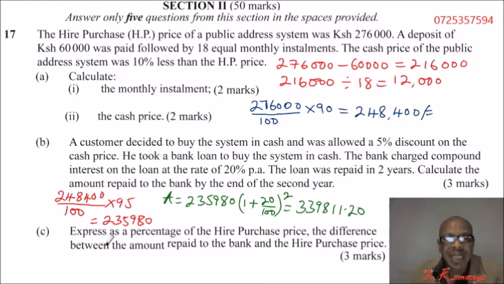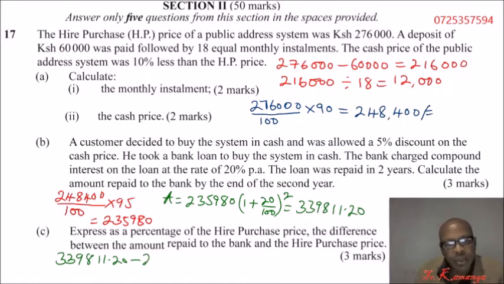Part C, express as a percentage of the hire purchase price the difference between the amount repaid to the bank and the hire purchase price. So this is the amount that was paid, and the hire purchase price was 276,000. Let's start with the amount the customer paid to the bank, 339,811 and 20 cents.